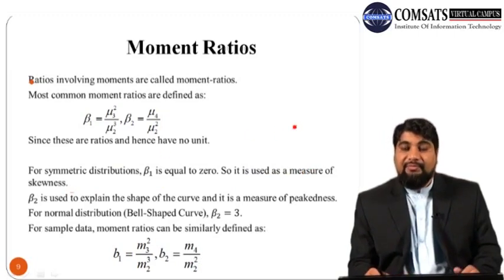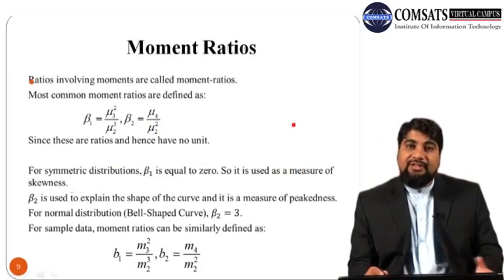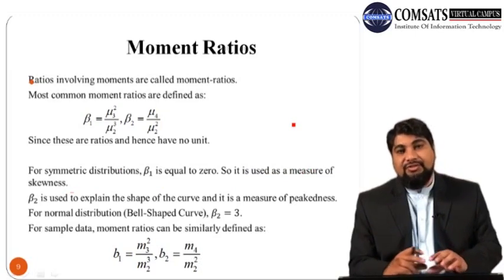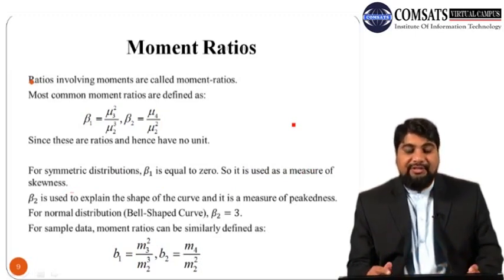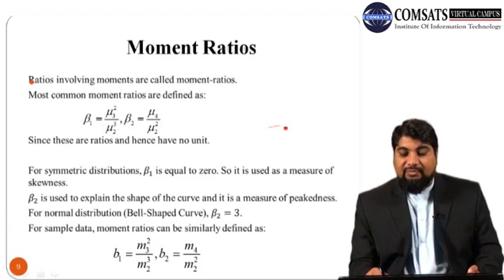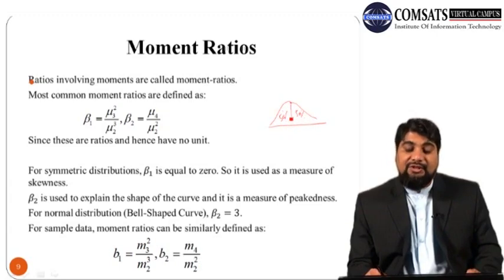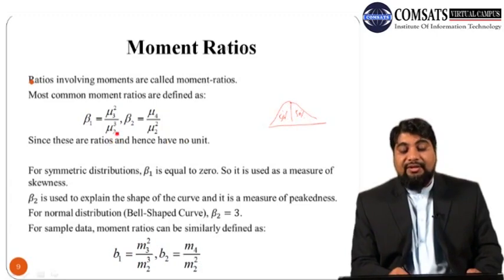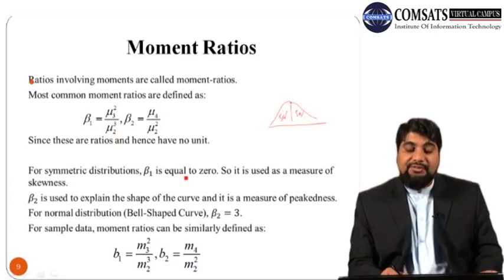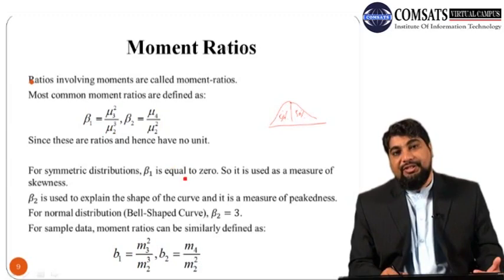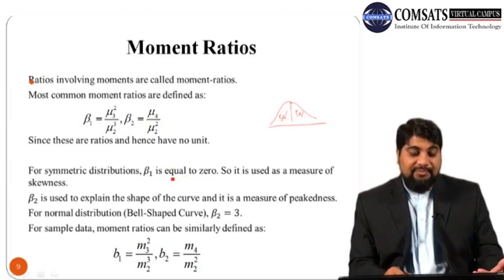If it is 0, the distribution has 0 skewness, and 0 skewness means it is symmetric. This bell-shaped curve is symmetric, equally spread, 50% on the left of this middle line and 50% on the right side of the middle line. So if we calculate beta 1, it will be 0, which means it is a symmetric distribution.